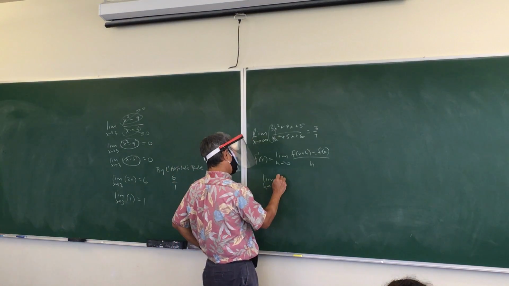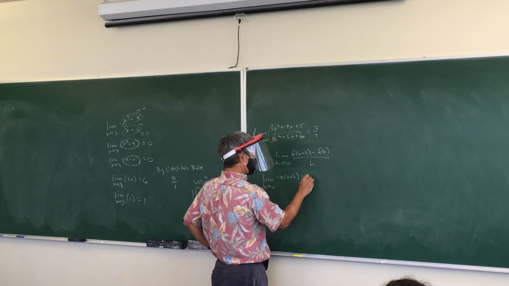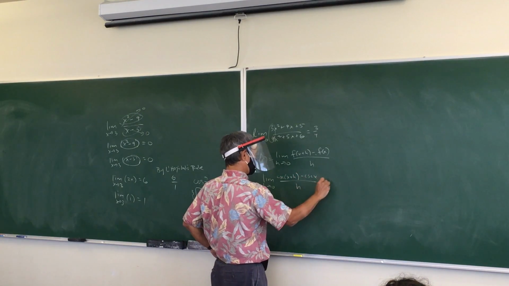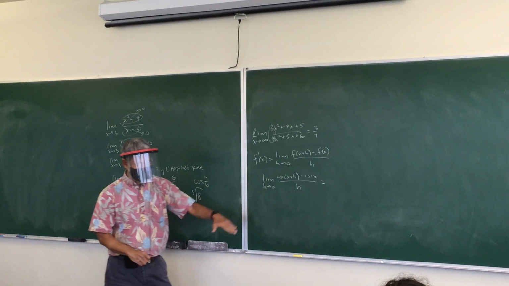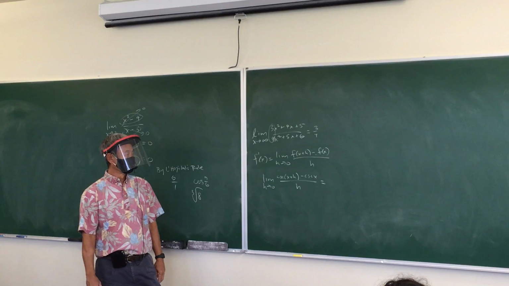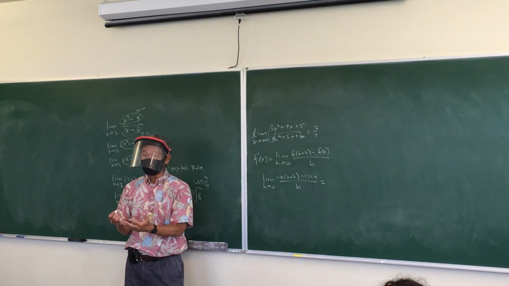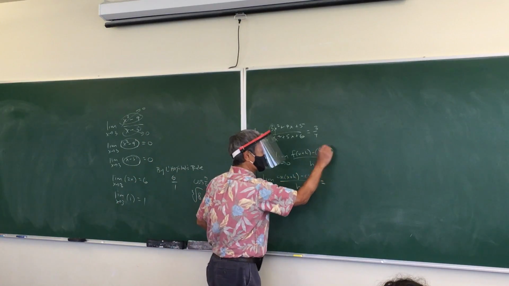Okay, so how about the limit of cosecant of x plus h minus cosecant x all over h? And they'll give you 4 choices. Well, this is the derivative, but then you've got to figure out, what am I going to take the derivative of? This is the function right here.